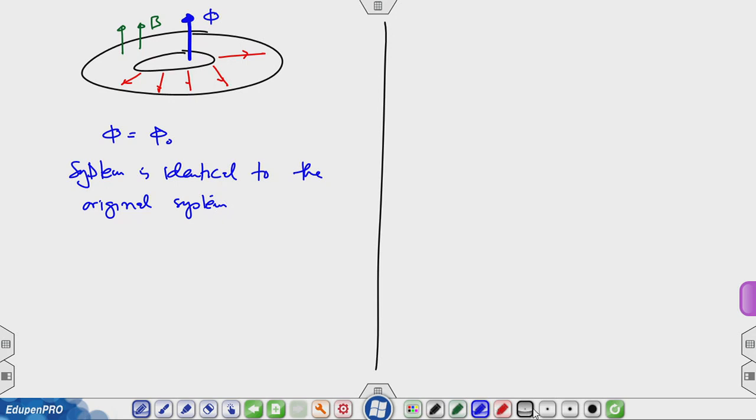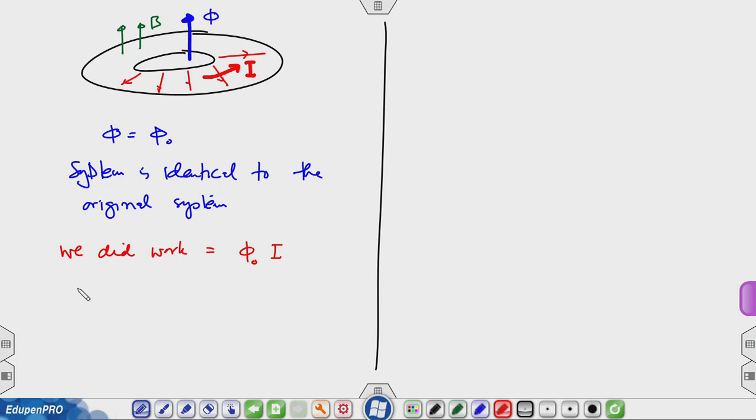And remember, I had this current I going around, but certainly when I changed the flux, we did some work, phi naught I, and where does this work go?